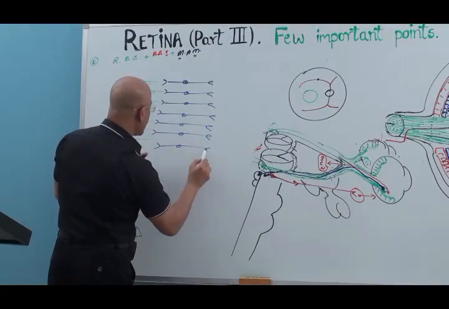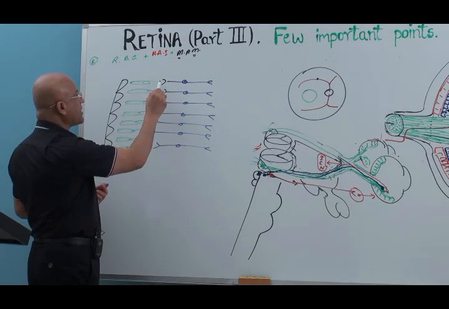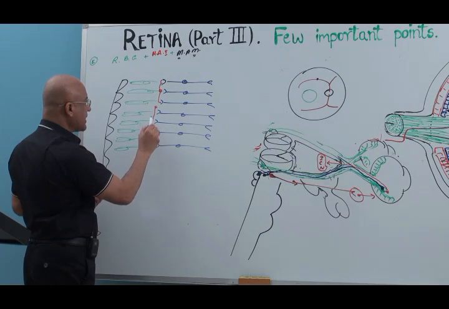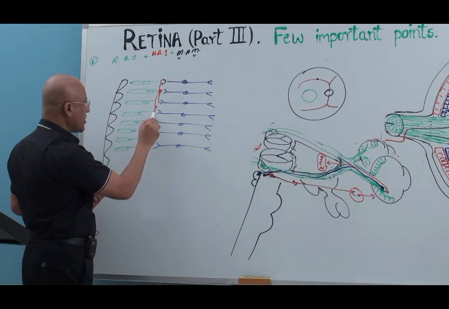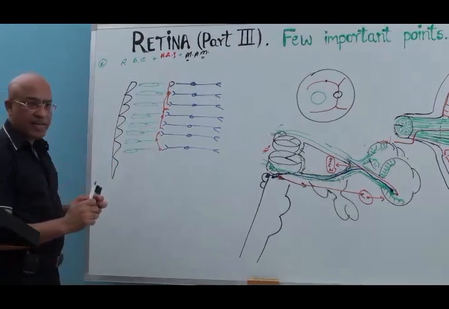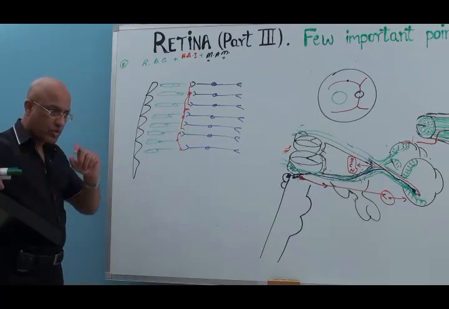Now, what is the function of horizontal cells? As I told you, they are inhibitory. They are connecting laterally. This is the amacrine network. They are inhibitory GABAergic fibers.